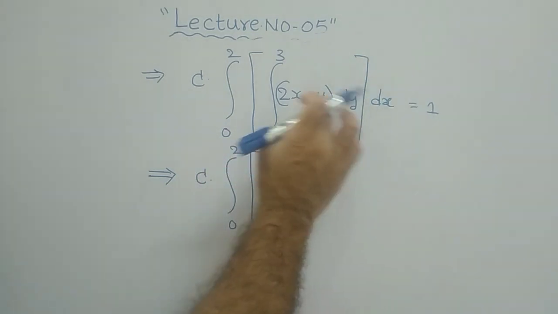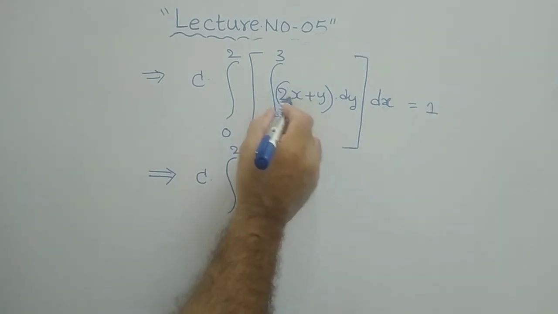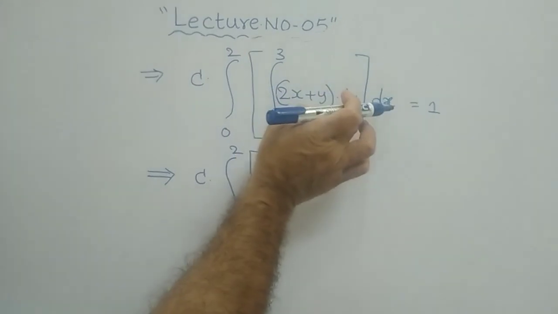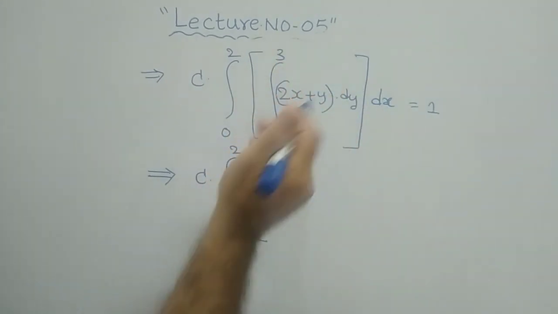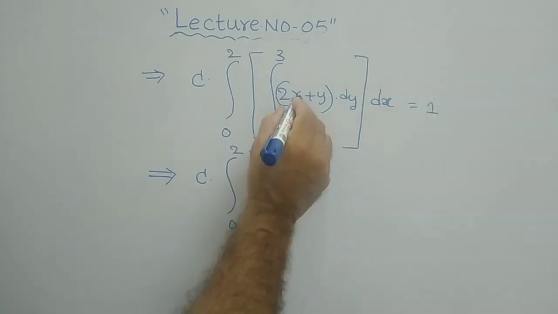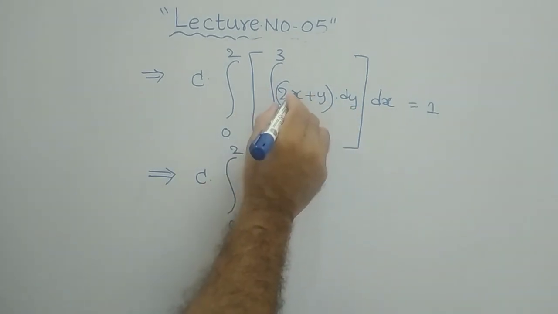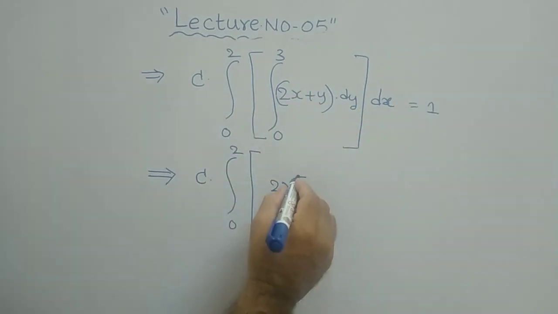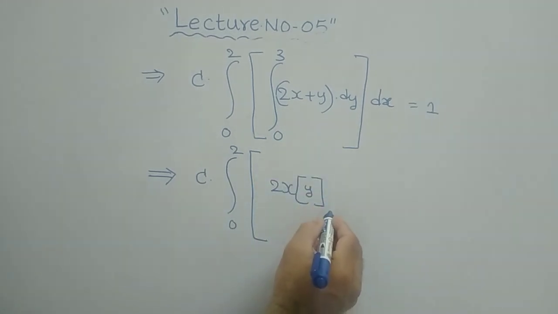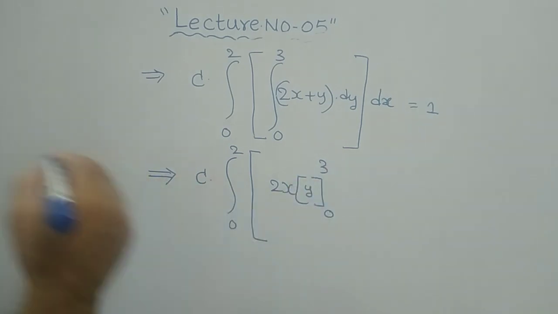Then dy means what? With respect to y you are integrating this function, they have nothing to do with 2x. Therefore you can keep 2x as it is, then into y. 2x of dy means you will get 2x y here. In this y you substitute 0 to 3. Clear?